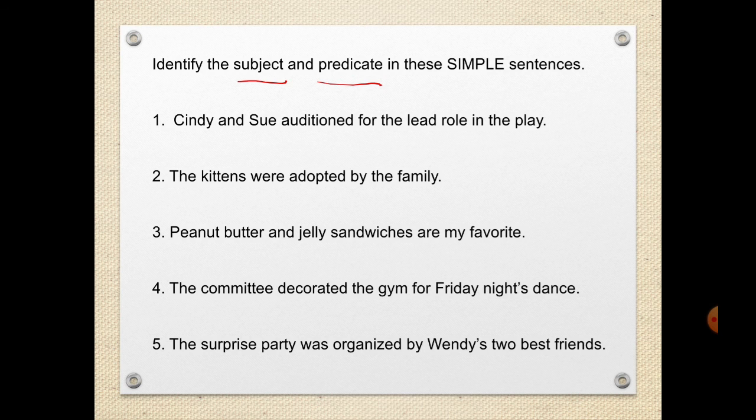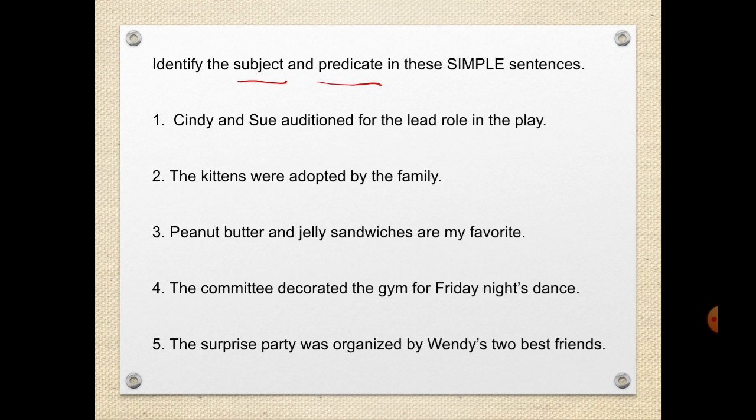All right, so let's see the first one. The rule is simple. Most of the time, the subject would be at the beginning of a sentence. And then, most of the time, after the subject, it will be followed by a verb. I always emphasize this rule: when there's a subject, there's a verb.